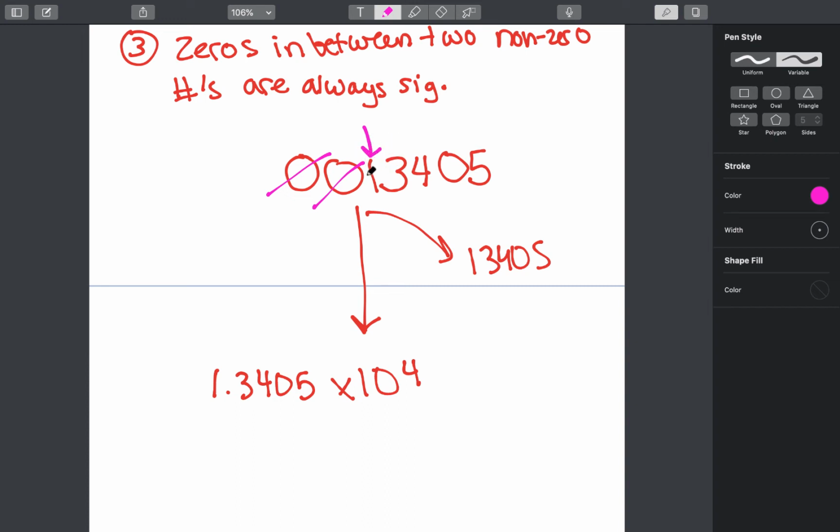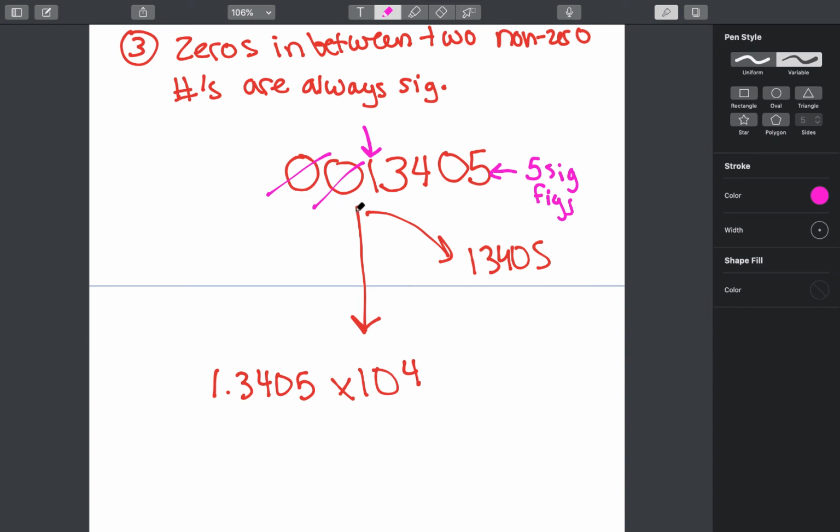So we have 1, 2, 3, 4, 5. So here we have 5 sig figs. Now the 0 between the 4 and the 5 is very important, because you can't express this in scientific notation without that 0.